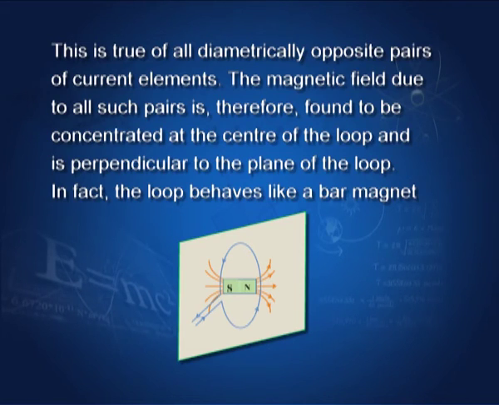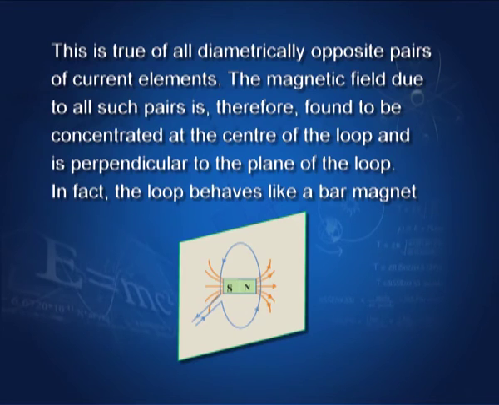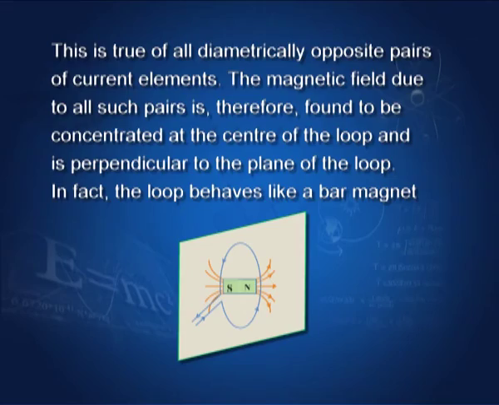And how to find the poles we shall see in a moment. But a current loop acts like a very short bar magnet, a magnetic dipole. We shall continue from this, that each loop represents a small magnet, and the field lines are perpendicular to the plane of the loop.